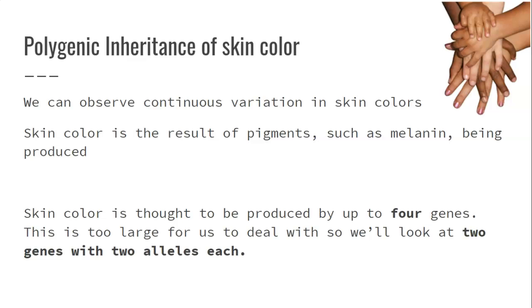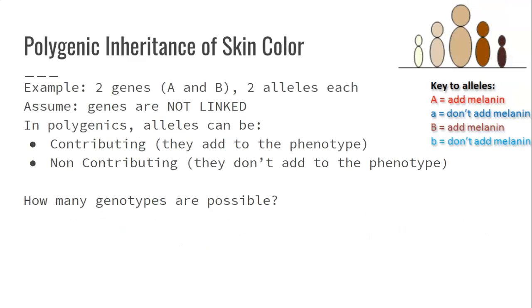Although this isn't exactly how skin color works, the general idea of it is how skin color works. But if you thought trihybrids were bad, now try doing it with 4 genes with multiple alleles each. It's just too much to put into a Punnett square and show you. So we're just going to pare it down for education purposes: 2 genes, 2 alleles each.